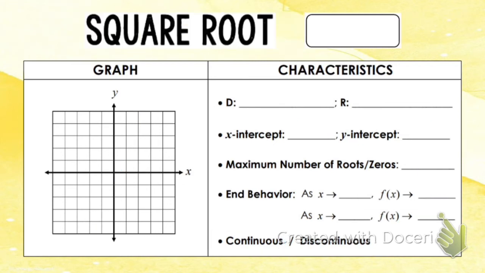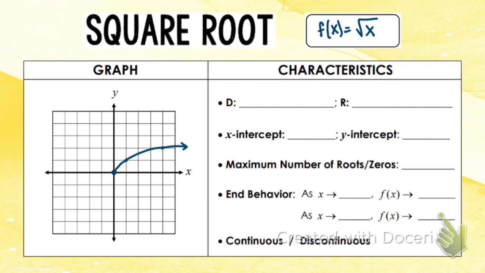Okay, so we did the quadratic function, and next is the square root function, which is really the inverse of the quadratic function. The square root function is f of x equals the square root of x. And this graph is going to start at 0, 0, and then go in this direction.